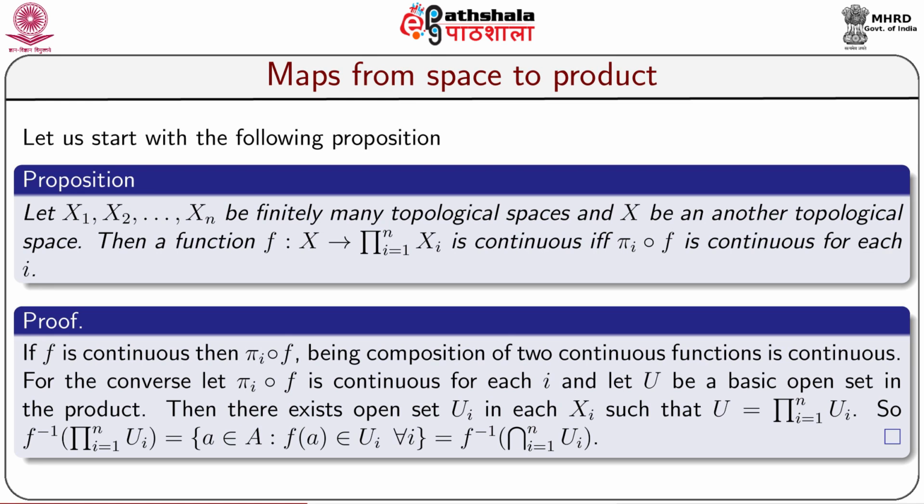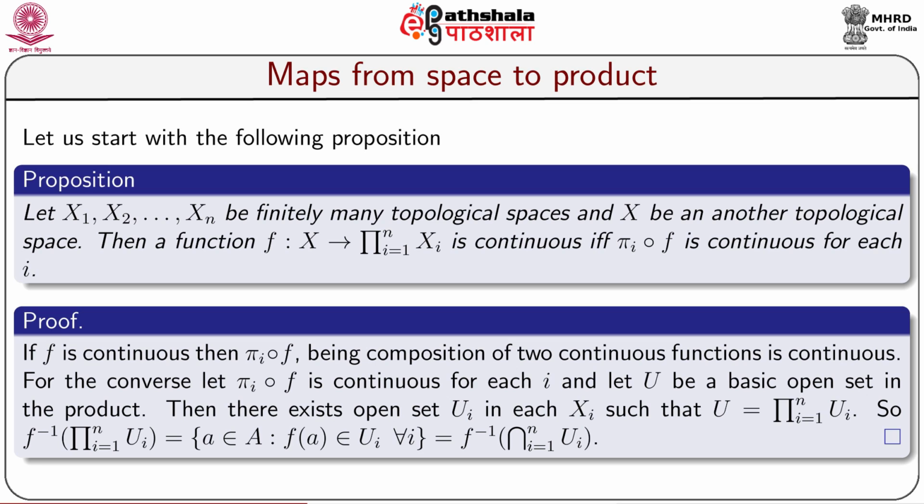Then there exists an open set Ui in each Xi such that U is equal to the product of Ui. In fact, we can work with the basic open sets. If we work with the basic open sets, then we can write it in this way, and we already know that there is no harm if we work with the basic open sets.